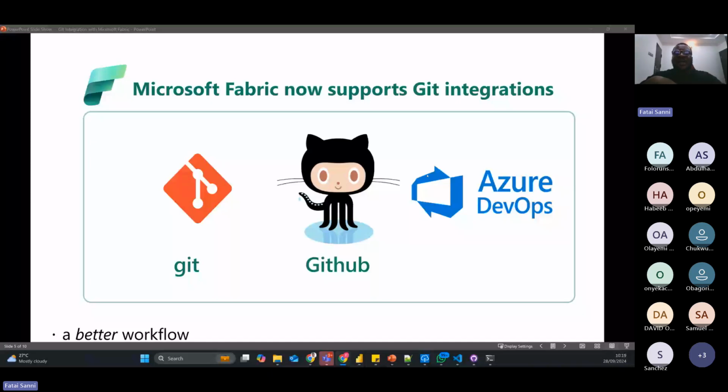What this means now is that you can do version control, source control from Microsoft Fabric across most of the Fabric workloads, from Power BI files to semantic models to pipelines to data flows to Spark to notebooks and so on and so forth. Microsoft Fabric now supports all of this. So now there is the integration with GitHub and Azure DevOps. Both options are supported, and I think GitHub Enterprise is also supported.